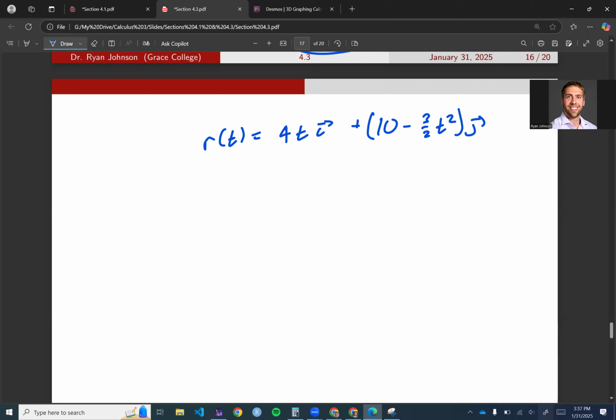So this is similar to a projectile function, just with simpler numbers.